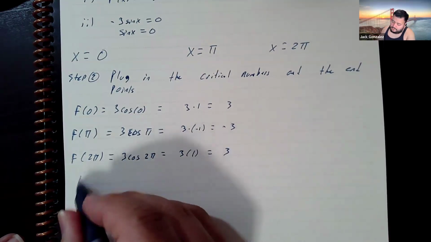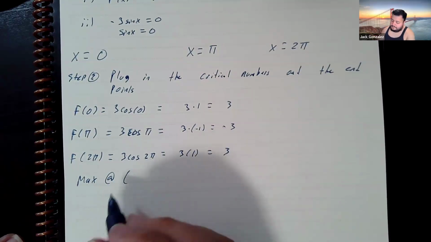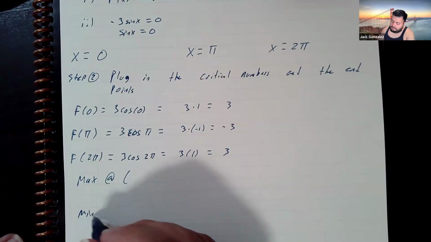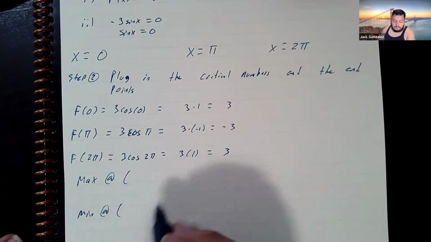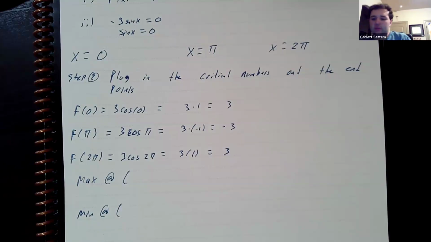So what is my maximum? Right. Well, when we're entering this into the calculator, do we keep it in degrees or radians? Well, we're using radians, so it has to be radians. Okay.